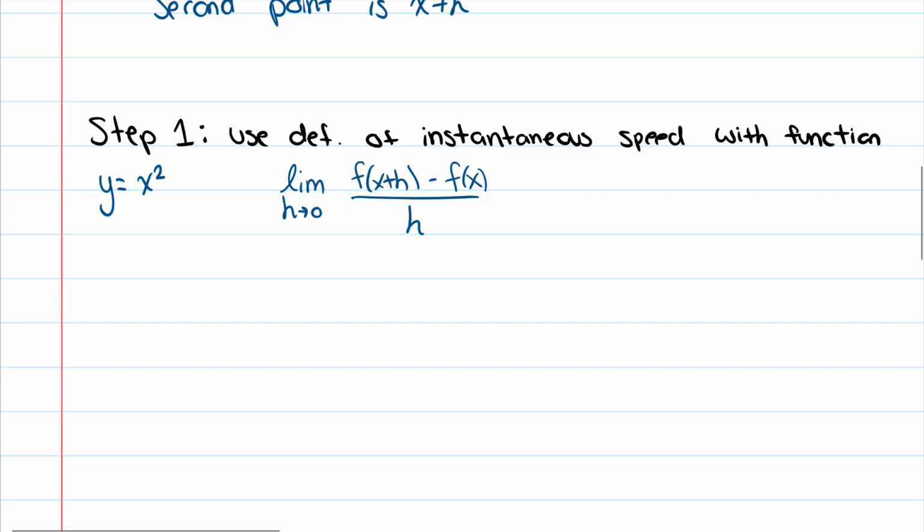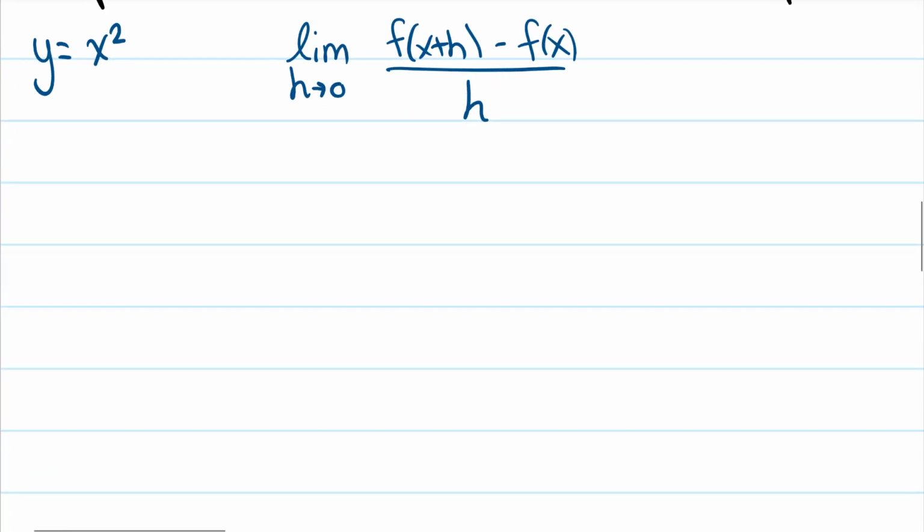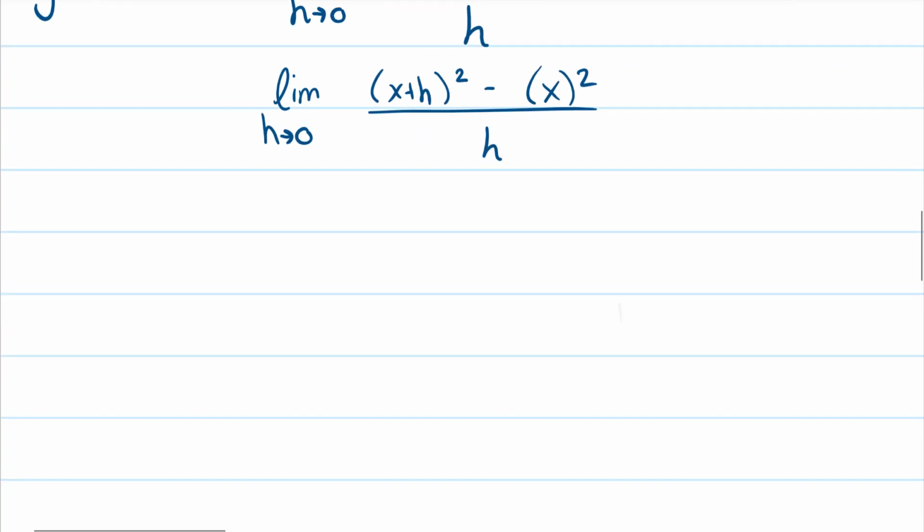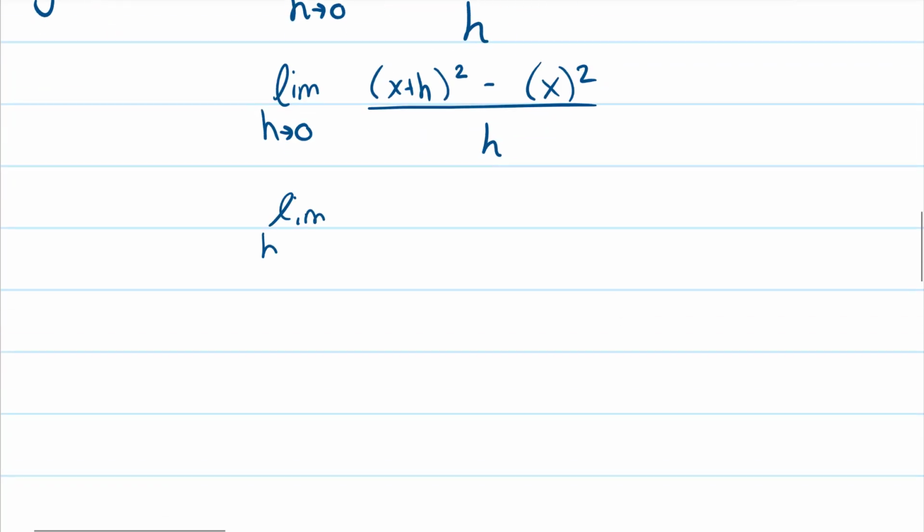Now we're going to actually work out the function. This becomes the limit as h approaches 0, and then our function is x squared, so you get (x plus h) squared minus x squared, all divided by h. And we get the limit as h approaches 0 of x squared plus 2xh plus h squared minus x squared, all divided by h.